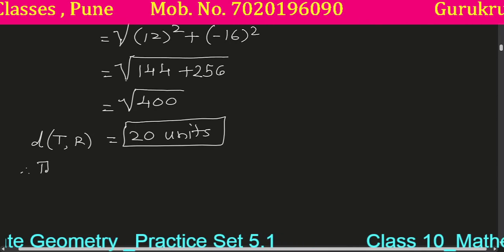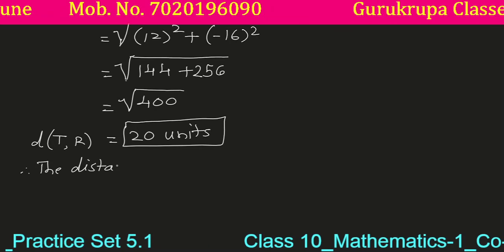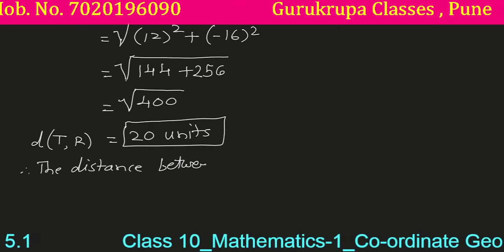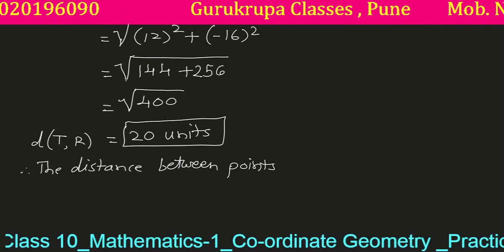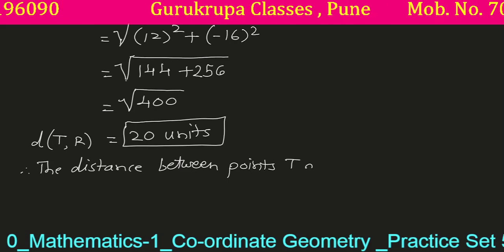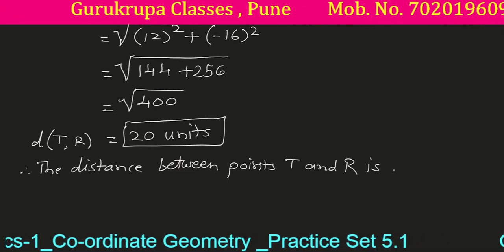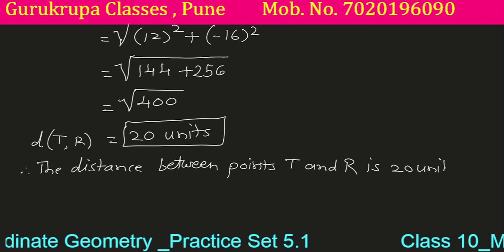Therefore in words we can write that the distance between points T and R is 20 units.